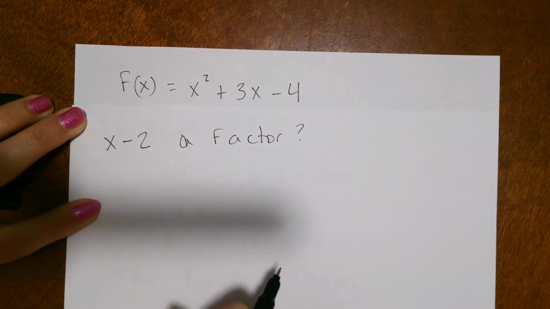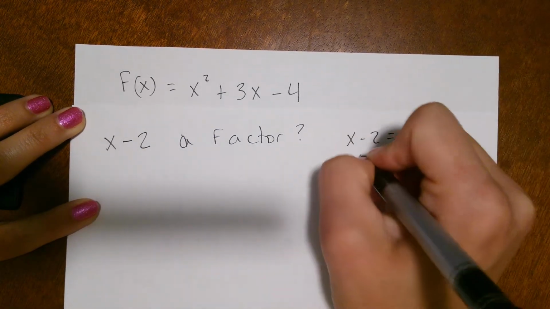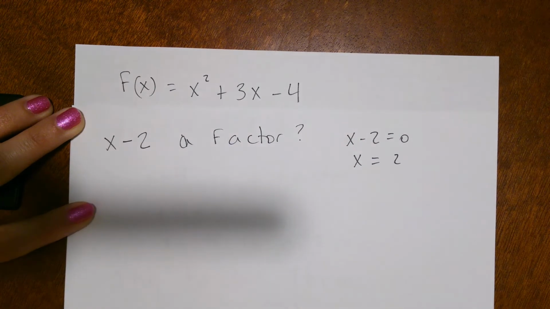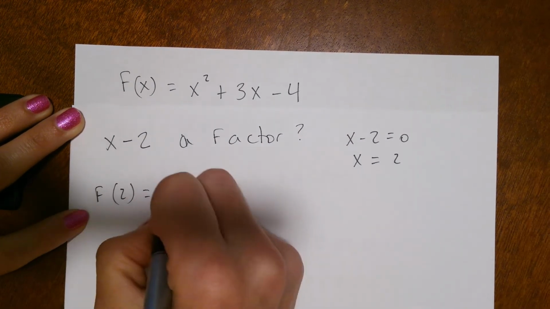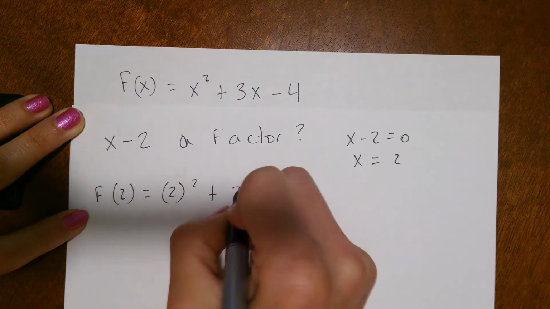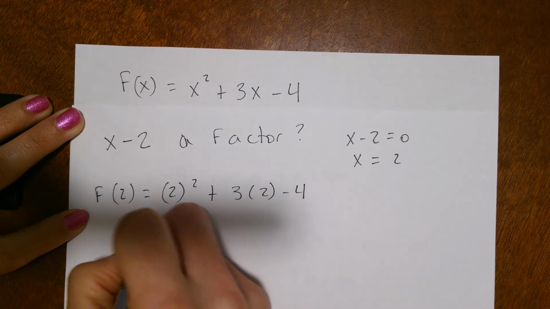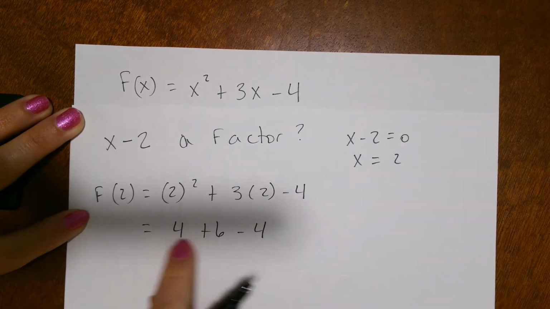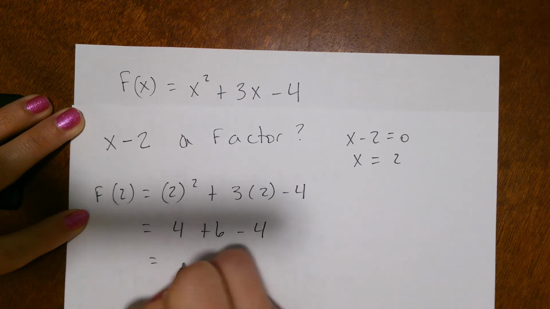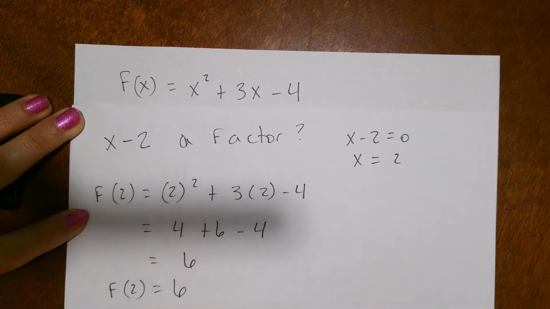Well, using the factor theorem, I can solve this for x, so x minus 2 equals 0, so x is equal to positive 2, and plug it in, so f of 2. So I get 2 squared plus 3 times 2 minus 4. So I get 4 plus 6 minus 4, which is 10 minus 4, which is 6. So I know f of 2 is equal to 6.